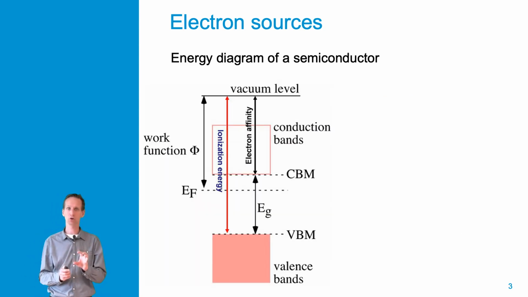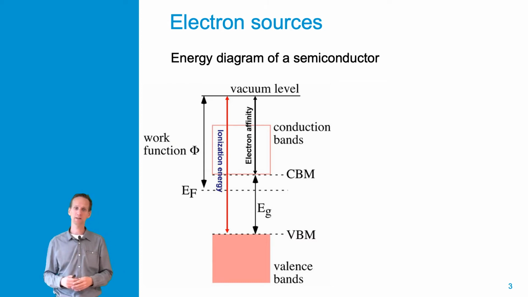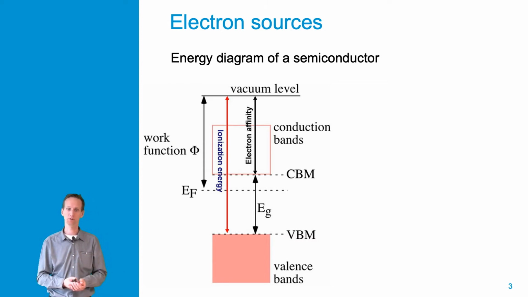So when we have this source and we apply a field on this source, of course we have to be able to extract electrons. So on the slide here you see a schematic depiction of a semiconductor material. In a semiconductor material we have electrons contained in energy levels which we call the valence band, in which they are immobile. You see the valence band in this structure denoted in pink.